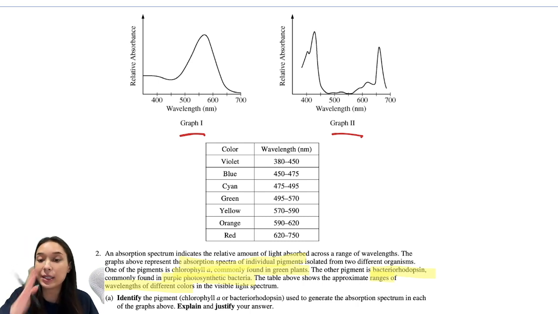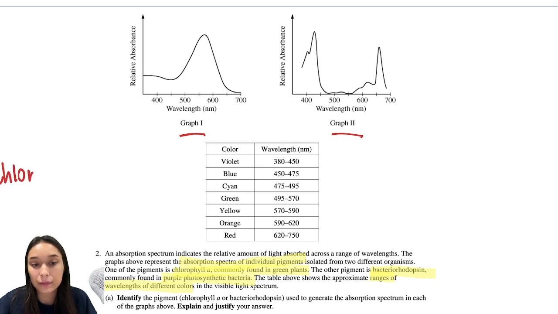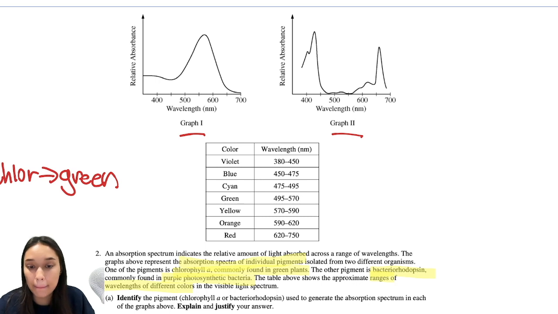Now, that seems quite difficult because we're not given a lot of information, especially because we don't know anything about bacteriorhodopsin. However, we do know what color each one of these pigments reflects. That's the key part here, and this is why I highlighted it. So chlorophyll A is green. So if we write here, chlorophyll is green, and bacteriorhodopsin is found in purple bacteria.